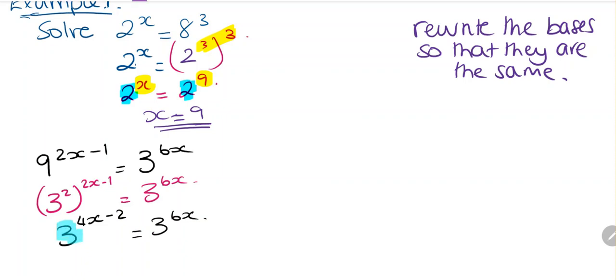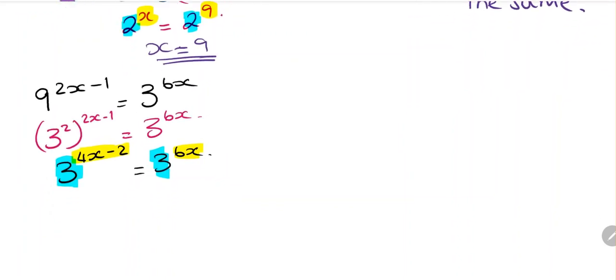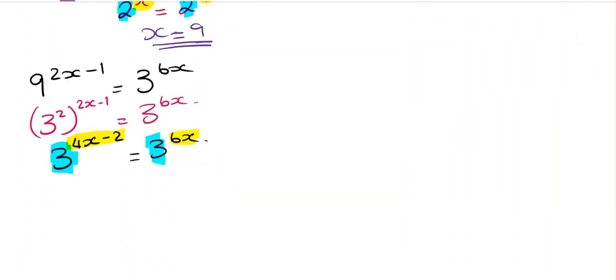Now that the bases are the same, I can use the property of equality for exponential functions to solve. So I'm going to write 4x minus 2 is equal to 6x.